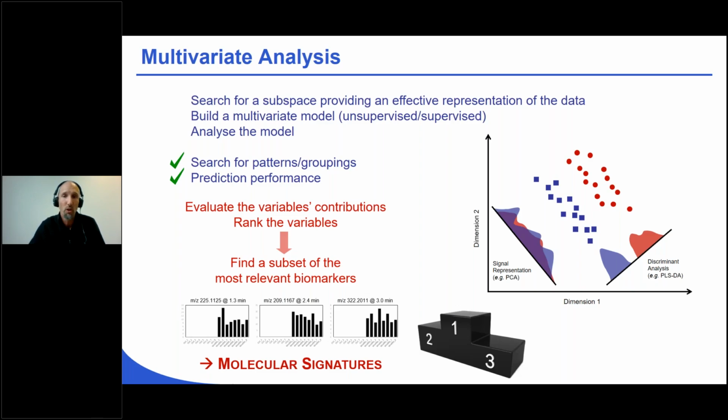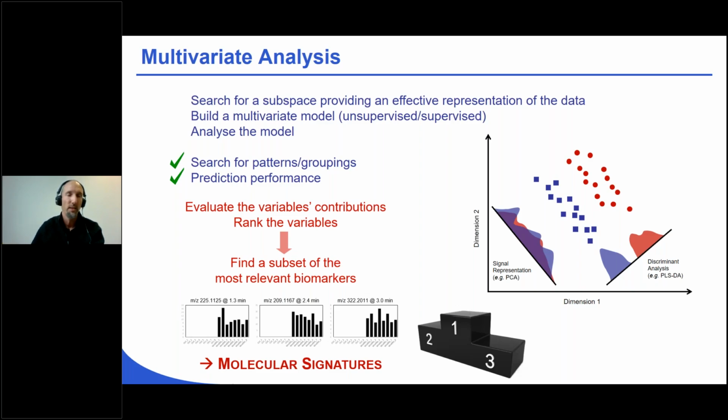Meaning that, of course, you'll look at the score plots to be sure that your experimental groups are well separated, or that you can distinguish some meaningful pattern among your observations. But I really think that the added value of these multivariate models is the way we can evaluate the contribution of the variables, to rank them or to filter them, to in the end get some molecular signatures that may be useful to describe the phenomenon you're trying to investigate.